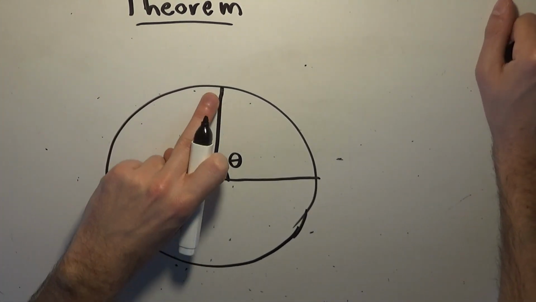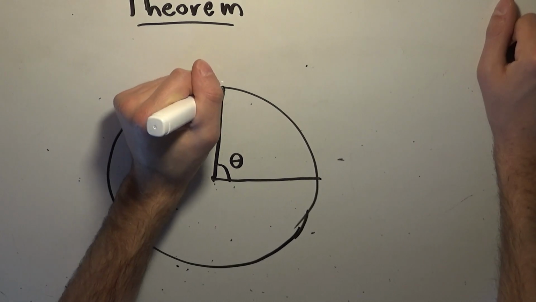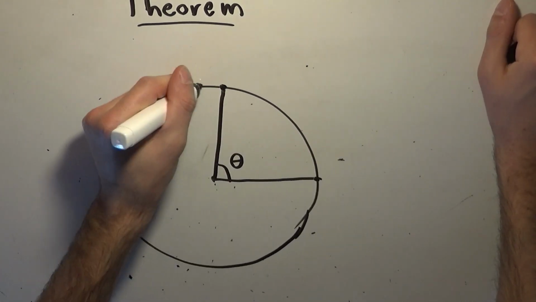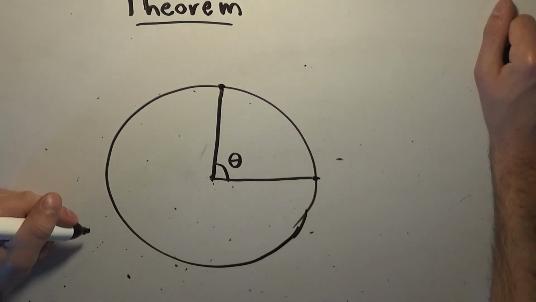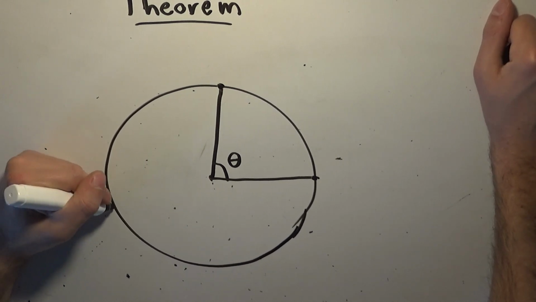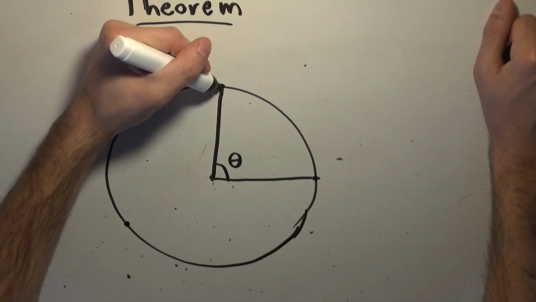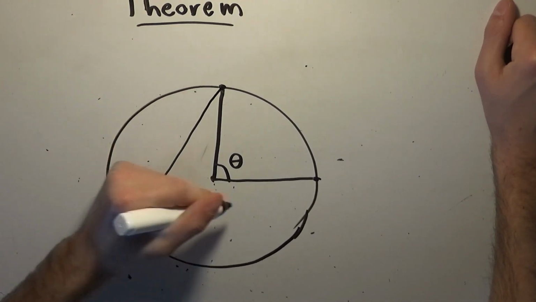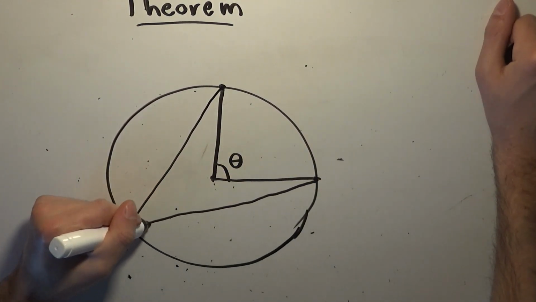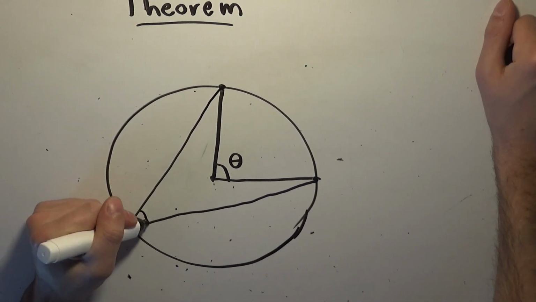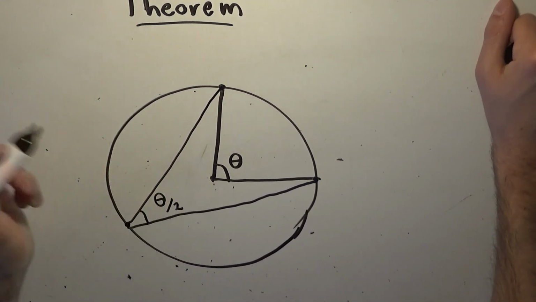If we now pick any point along this major arc and have it subtend the same angle from that point, so this is the new vertex of the angle, and simply connect it to the same 2 points, this will always be theta over 2.